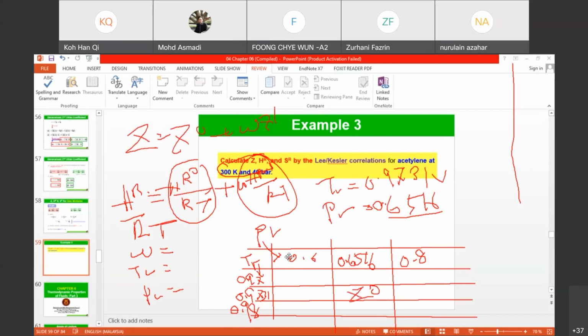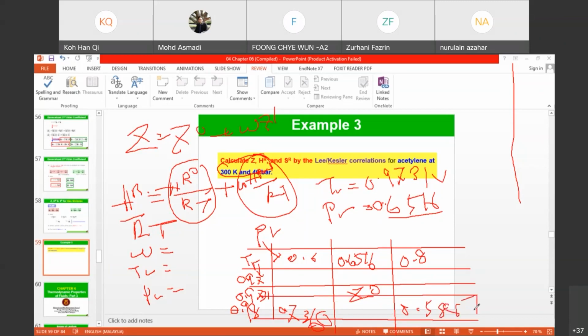If HR, you refer to HR. 0.7, 7.360, 0.85887. Can you do interpolation?